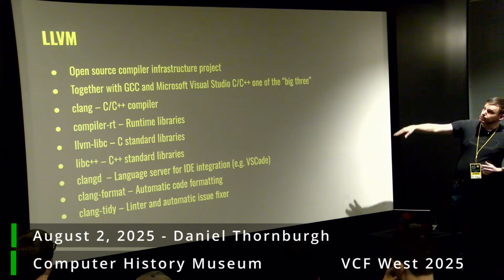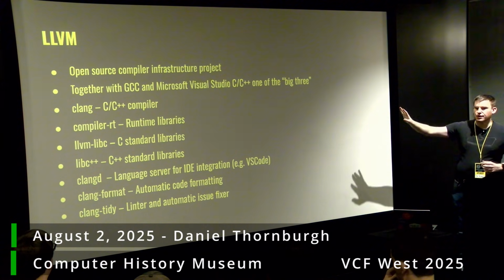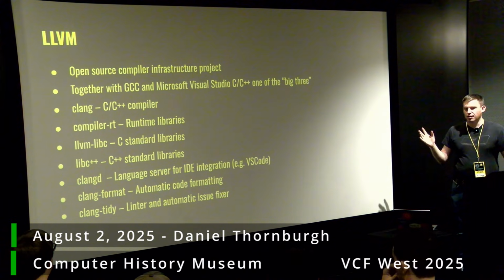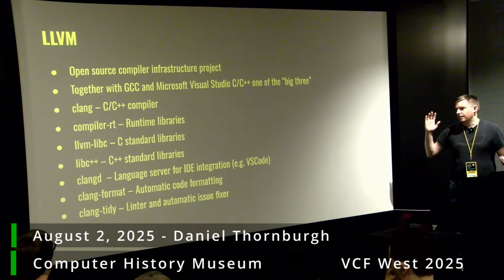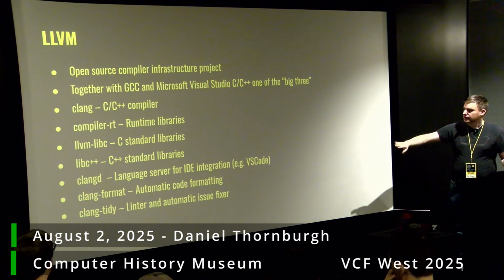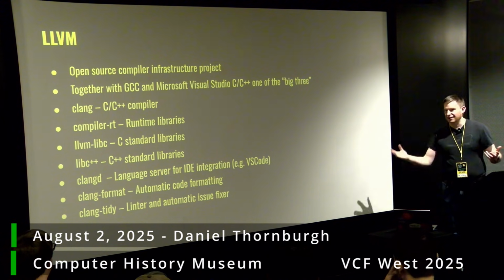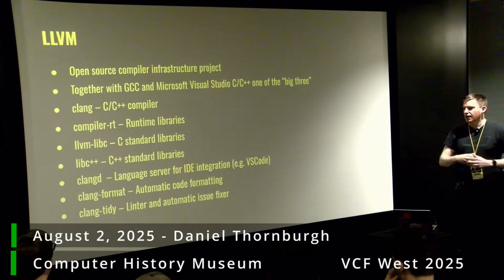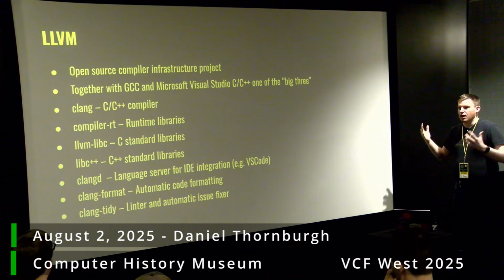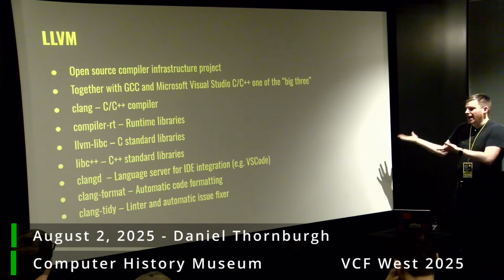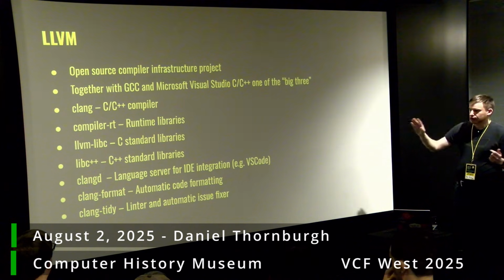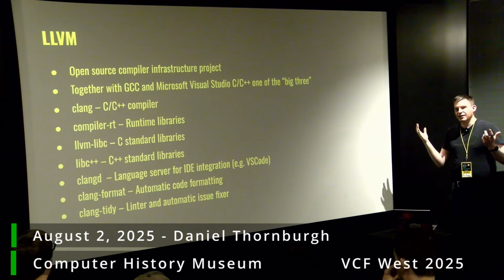So there's a C and C++ compiler, there's runtime libraries for things like addition and subtraction or multiplication on platforms that don't have those. A C standard library, C++ standard library, and also just other tools. That's kind of why it's called a toolchain. There's a bunch of tools that are involved in dealing with C and binaries. So there's a language server. You can hook this up to VS Code and get autocompletes.